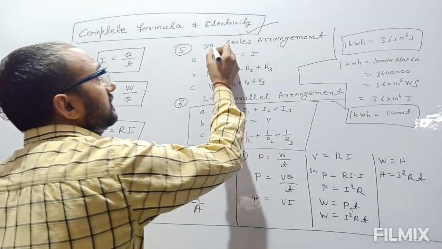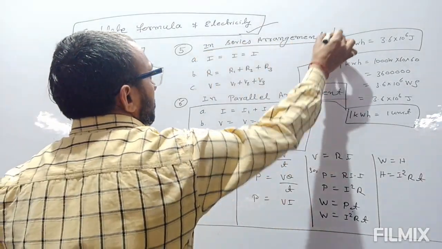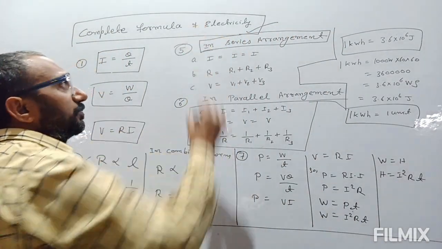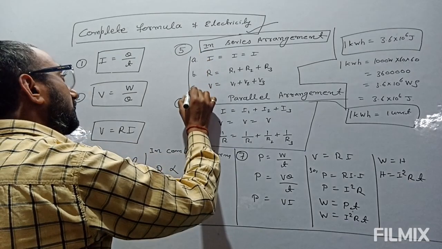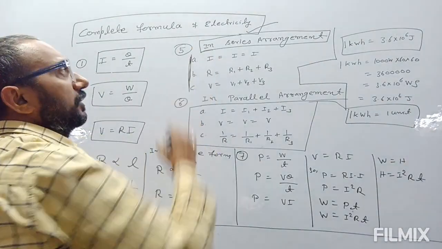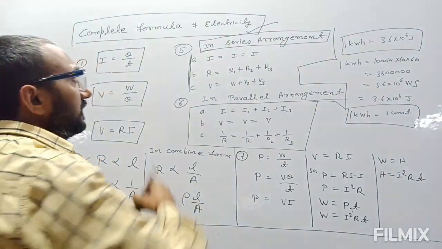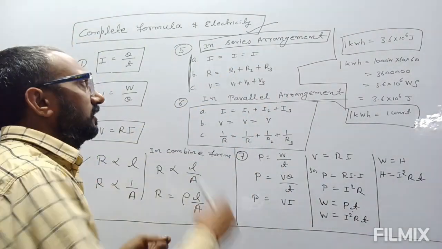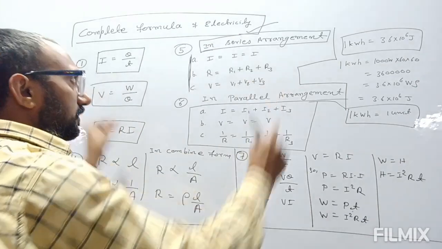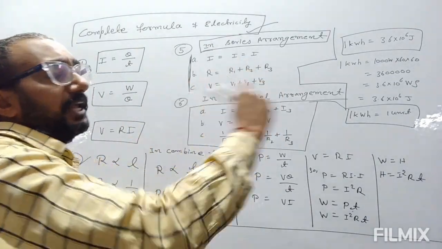Fifth formula is in series arrangement. In series arrangement, for doing the numericals, you have to learn the three properties. Means in series arrangement, the current in the circuit is equal at every point.